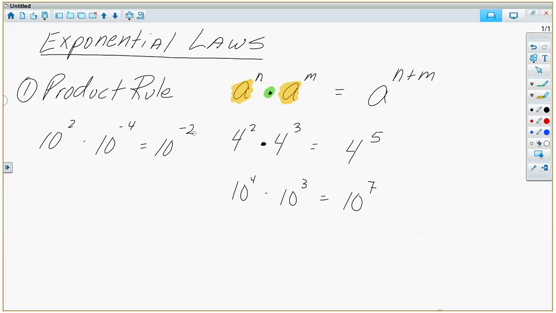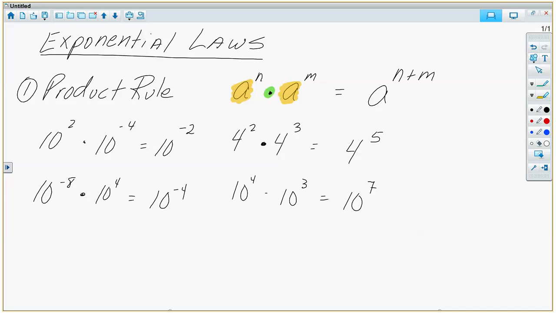Negative 2. 10 to the negative 8 times 10 to the fourth is equal to what? 10 to the negative fourth. So all of those are examples of the product rule.